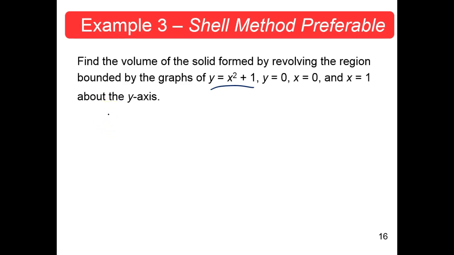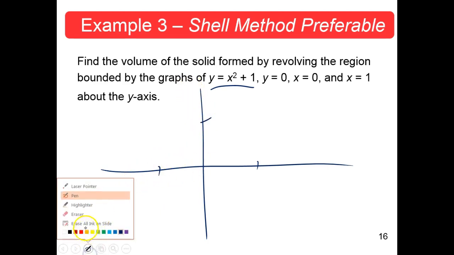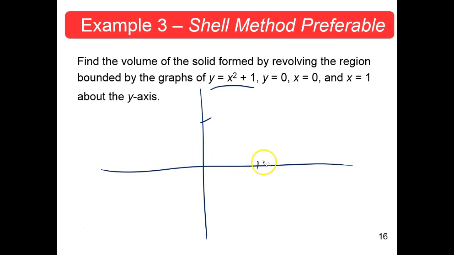So we're revolving around the y-axis, so I'll put my axis here, and we're going 1 here, 1 there. Let me bring these in a little bit. Wasn't looking ahead far enough.